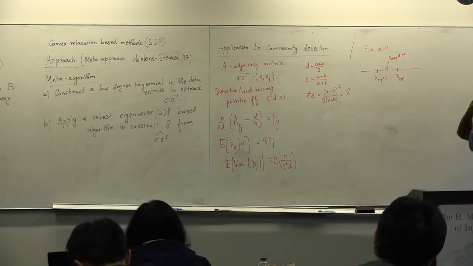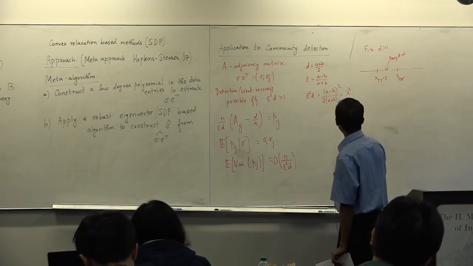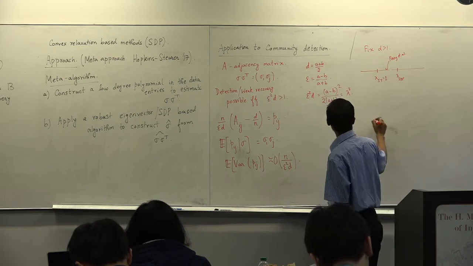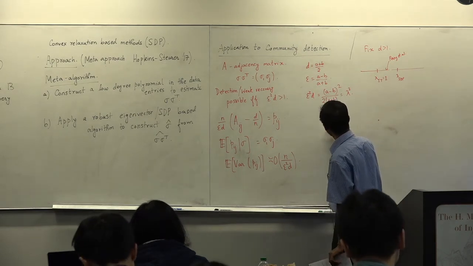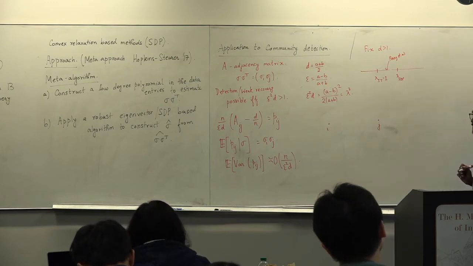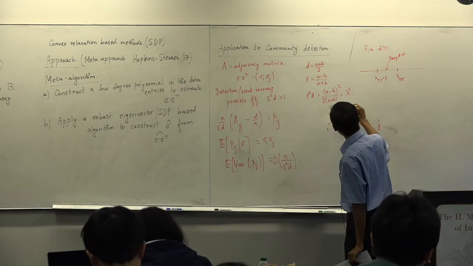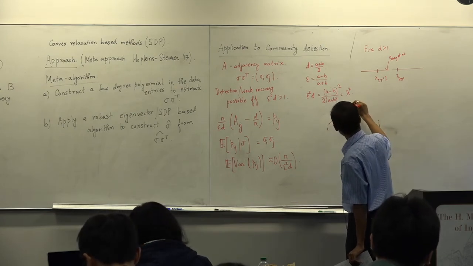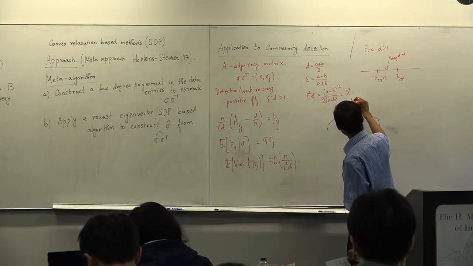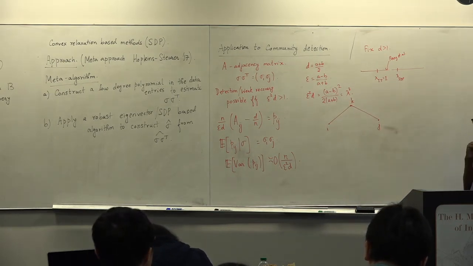But now, once you see this, you can try to boost your estimate. Okay, what can you do? You can say, fine, let's say I have i and j. I want to get an estimate for sigma i, sigma j. I can construct a length 2 path which goes from i to k and k to j, right?